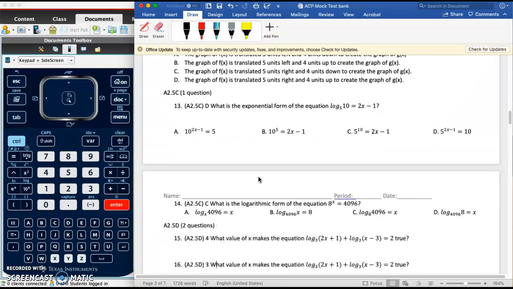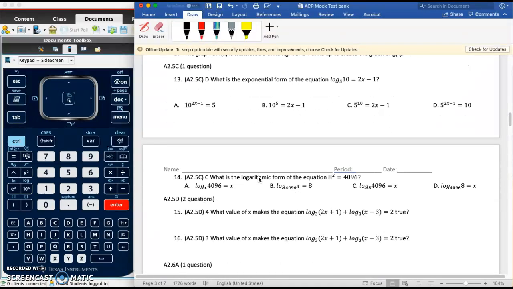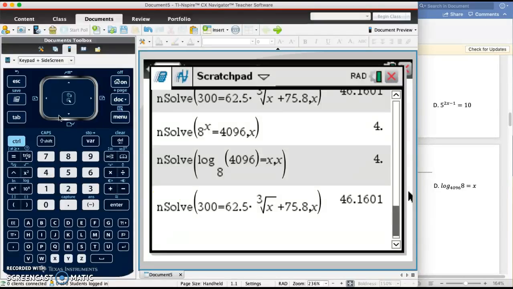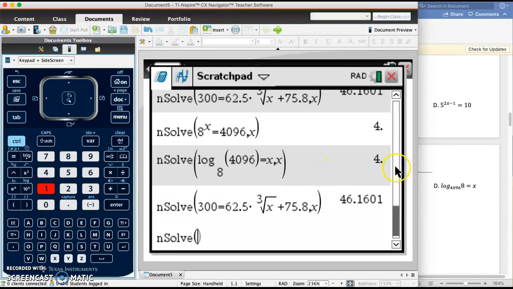These types of questions should be easy for you guys. 13, 14, 15, 16. 15 and 16 are actually the same question, but they are all en-solve type problems. So all you got to do is go to your calculator and go to en-solve. So how do you get to en-solve? Menu, 3, 1, and it pops up en-solve.